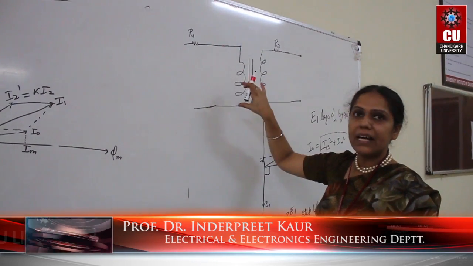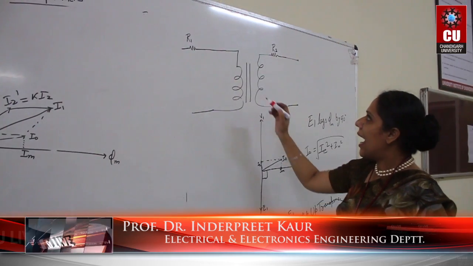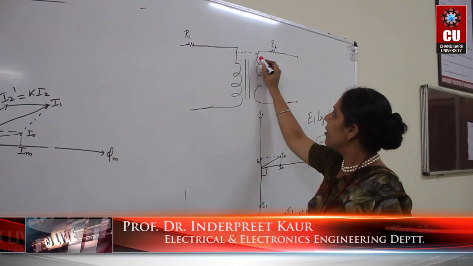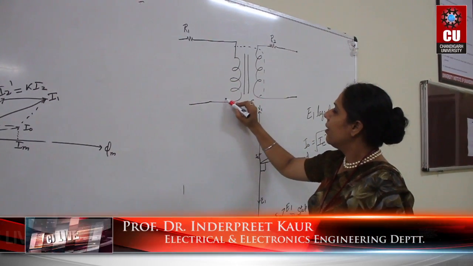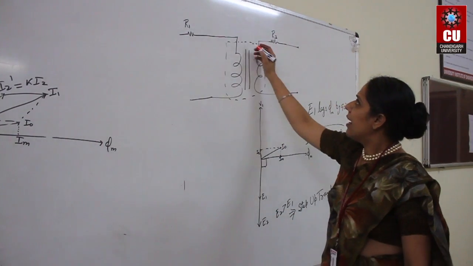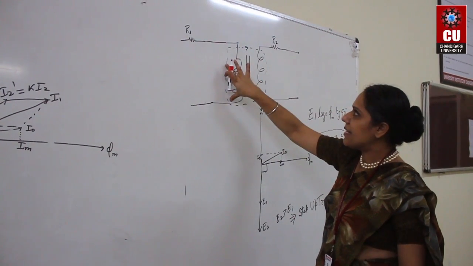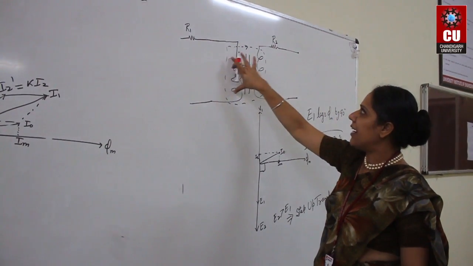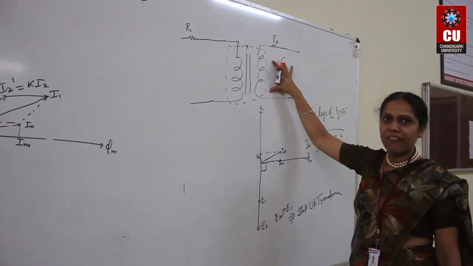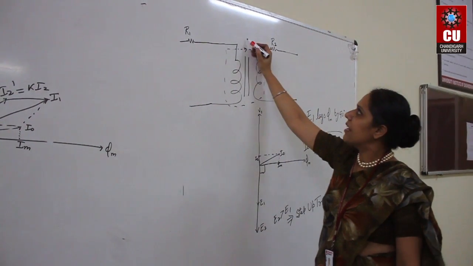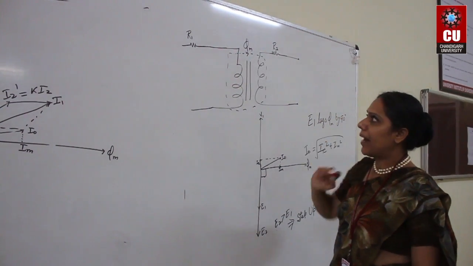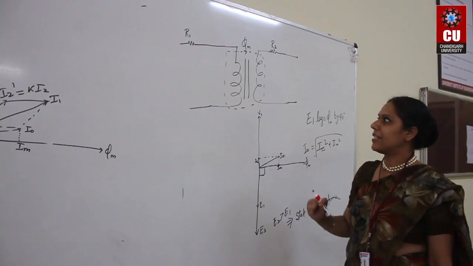This is basically the practical transformer, and we have also discussed that during mutual induction, the flux of the primary winding links with the secondary winding, and that flux is known as phi m. Practically, that is also not fully possible.